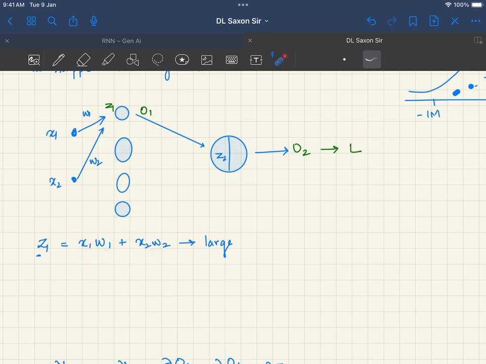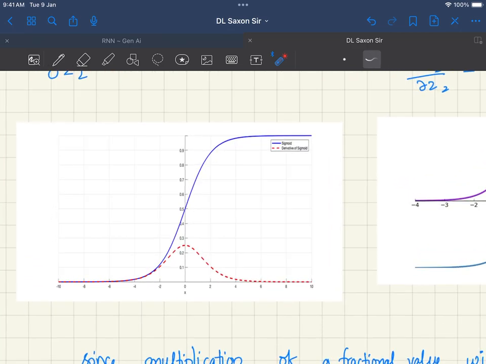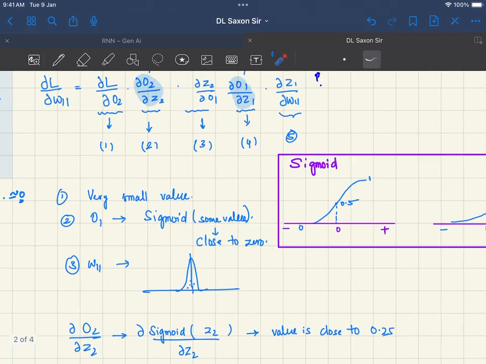So when we have such a huge value, the entire aggregation z1 is going to be very large, and sigmoid of any large positive value is close to 1, and sigmoid of any large negative value is close to 0.